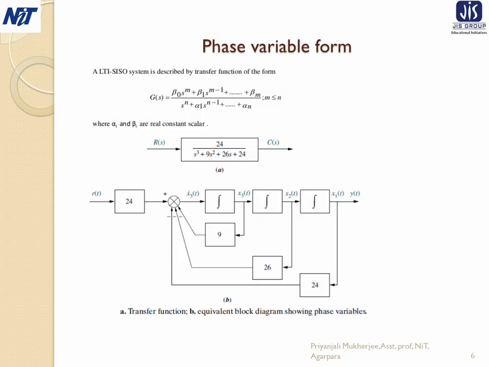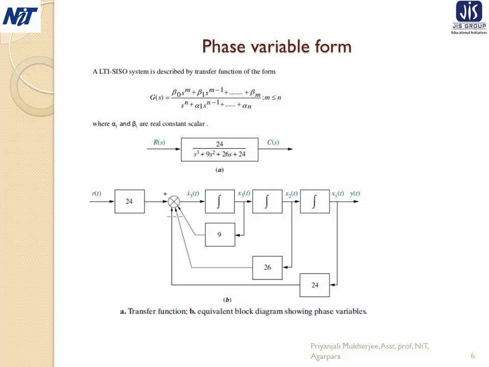So we have assigned the state variables in this way: y is equal to x1, and x1 is received from the integration of x1 dot, which is equal to x2. The integration of x3 gives us x2, that means x2 dot is equal to x3. And x3 dot is obtained by cross multiplying C(s) by R(s) equal to 24 by s cubed plus 9s squared plus 26s plus 24.